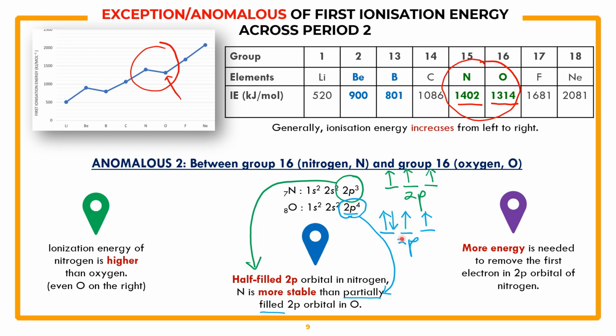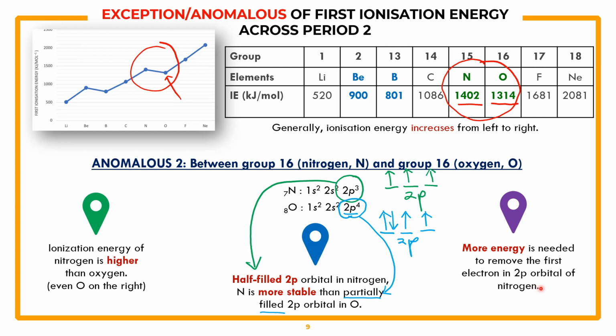Kenapa? Kerana orbital arrangement in oxygen is partially filled and it is not stable or unstable. So lebih mudah untuk membuang this first electron. So itu yang akan reflect the value of the first IE untuk oxygen. So here more energy is needed to remove the first electron in 2p orbital of nitrogen.